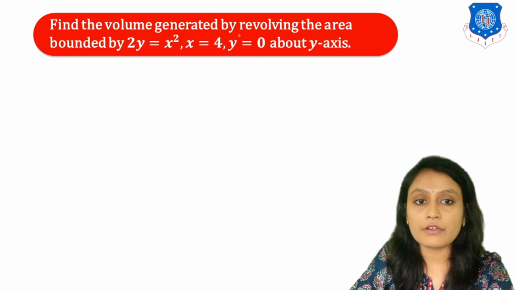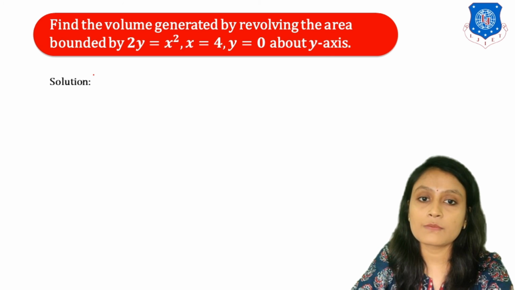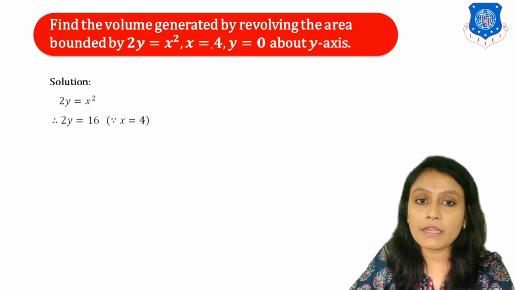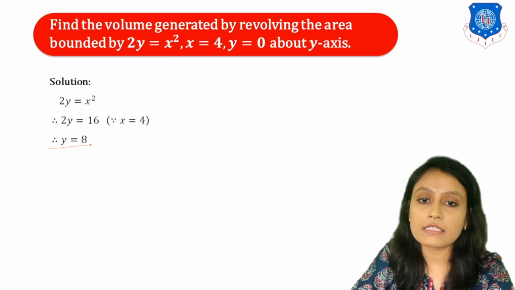Find the volume generated by revolving the area bounded by 2y equals x squared, x equals 4 and y equals 0 about the y-axis. Okay, so let's begin with the solution. Now we are given 2y equals x squared. In place of x just substitute 4, so you will get 2y equals 16, right? So you will get the value of y as 8.